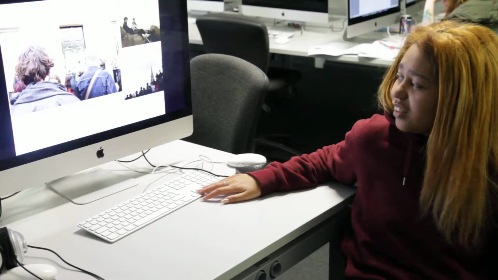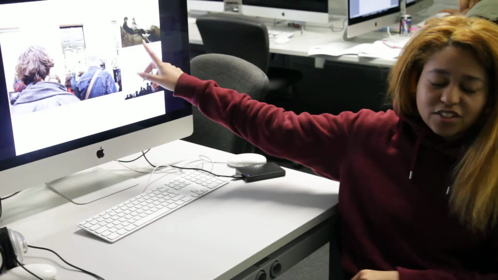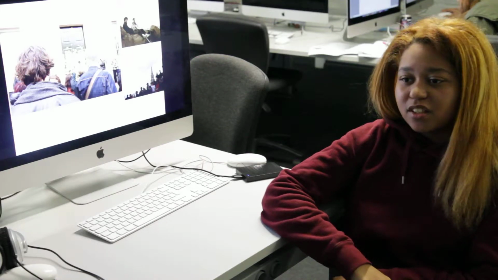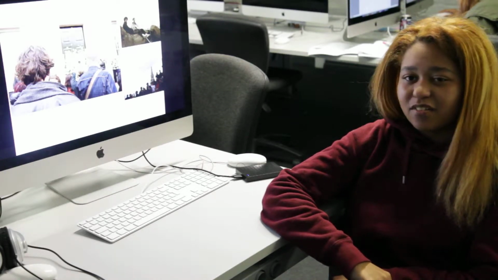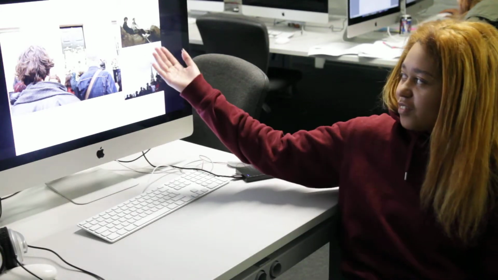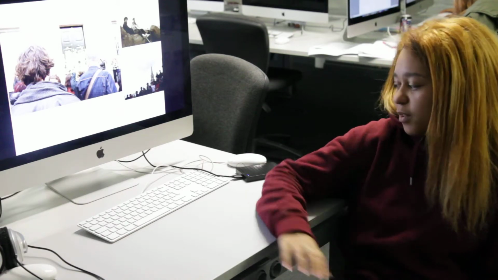Using Photoshop, I also changed some of the photographs. I didn't want them to be traditionally black and white because I didn't want too much of an old theme, so I went for the modern version, which is sepia, to make it more modern, more fresh.